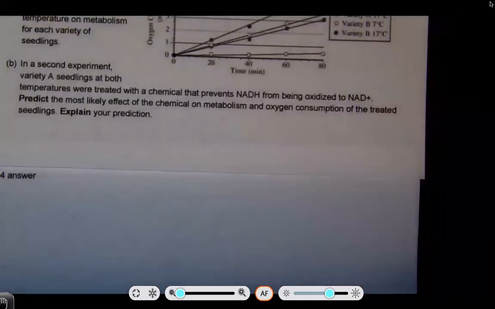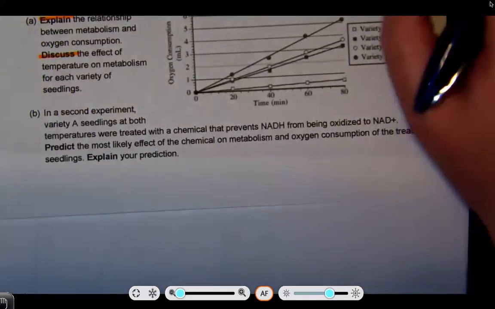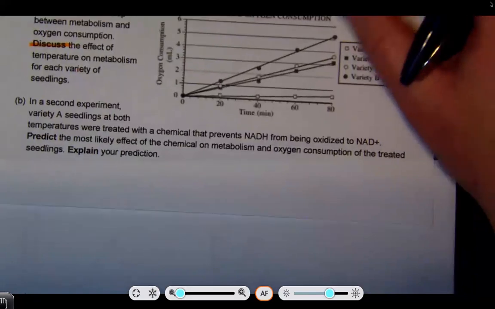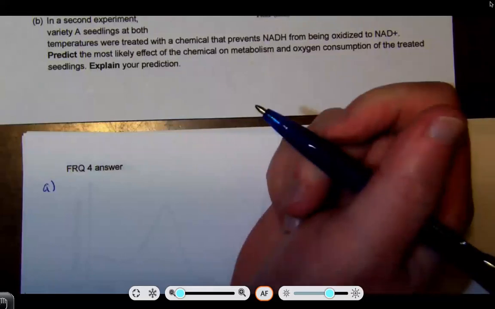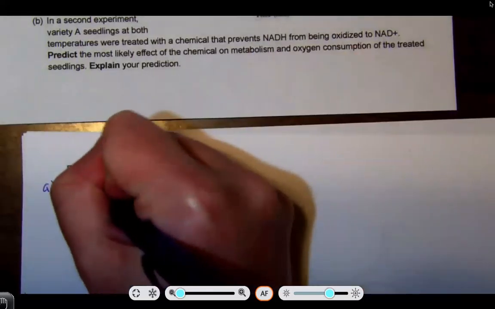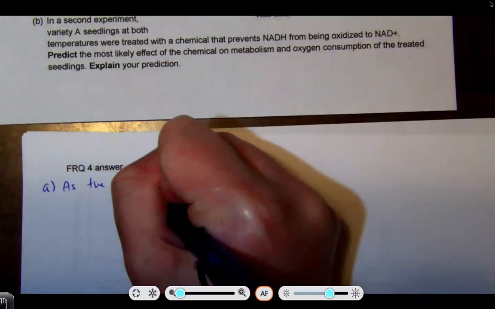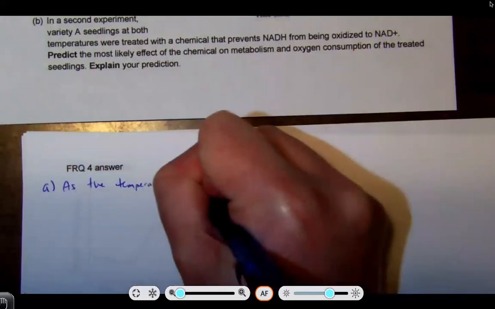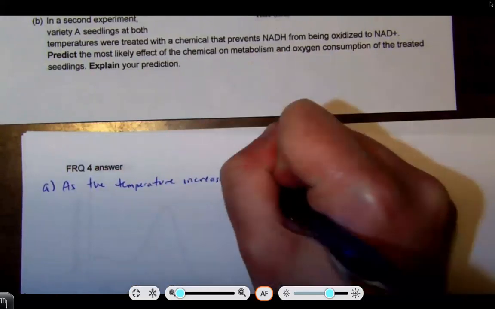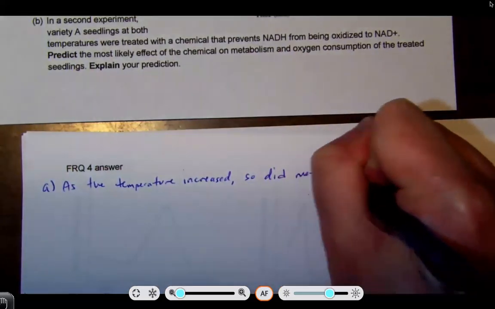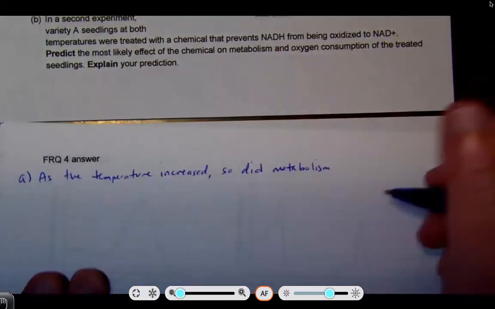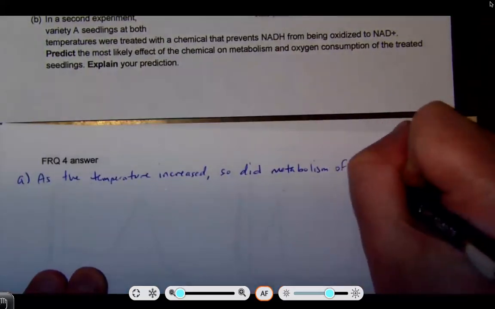And so on your FRQ sheet, and I apologize, I had to split it into 2 pages, I've got my question, and then I have to answer it. In this case, for part A, what you can say is, as the temperature increased, so did metabolism of the plant.